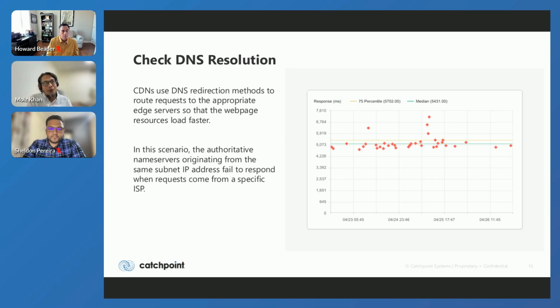So you may not even identify this unless you are monitoring it from where the users are coming from, which is why Catchpoint has this approach where our backbone nodes have dedicated nodes on specific ISP providers, which is what we call the backbone. Unless you have that visibility, this issue couldn't have been identified.